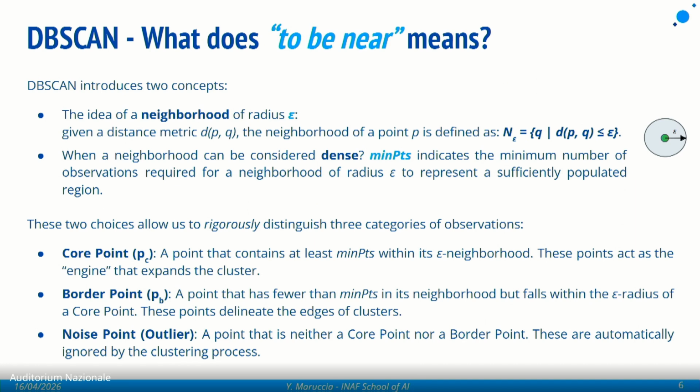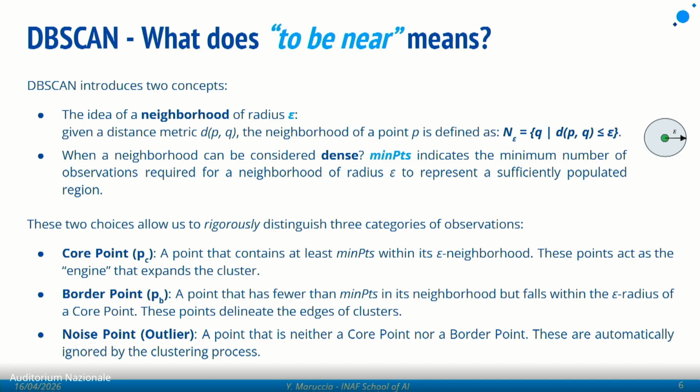The second notion, the density, is translated by min points, MinPts, which indicates the minimum number of observations required for a neighborhood of radius epsilon to represent a sufficiently populated region.